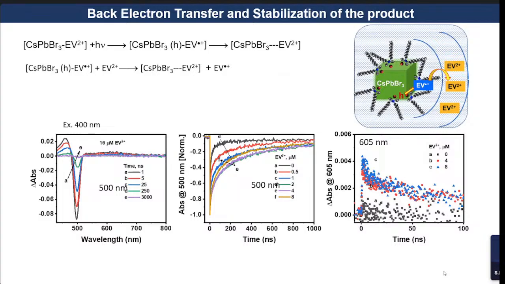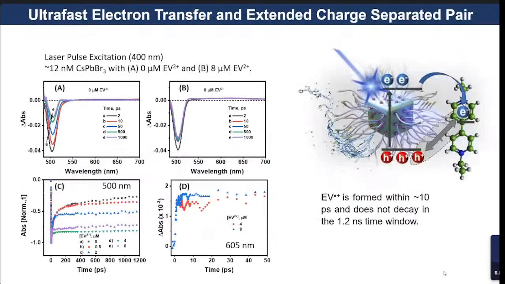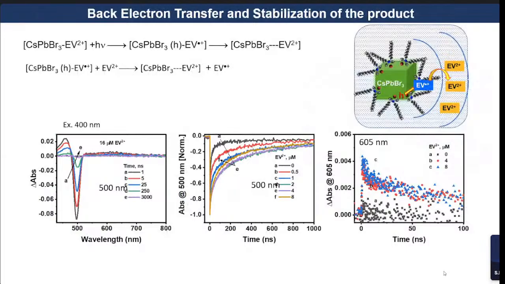That is the back electron transfer. So the electron which is here is trying to interact on this time scale. You can see there is a bleach recovery with different concentrations. And you can also probe the viologen product electron, which gives very similar kinetics. So that is this back electron transfer.